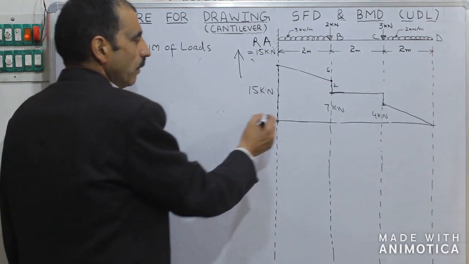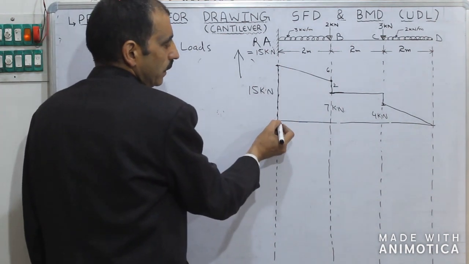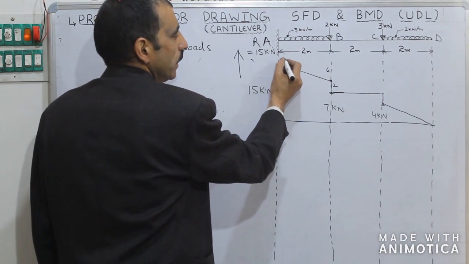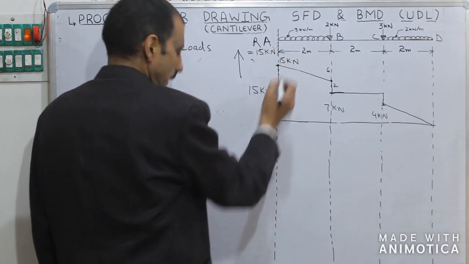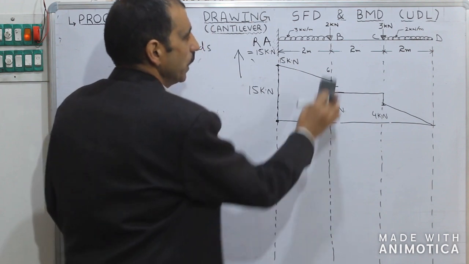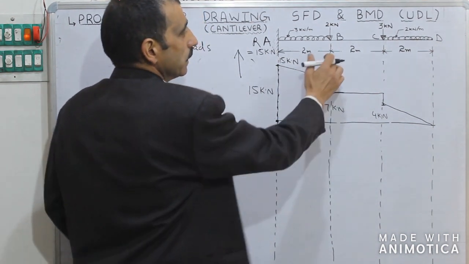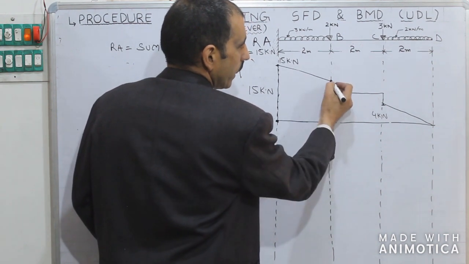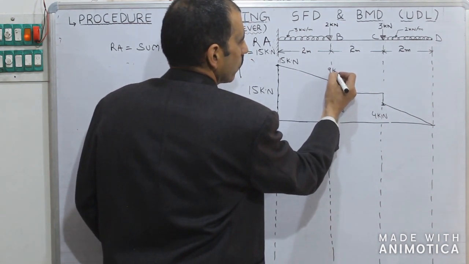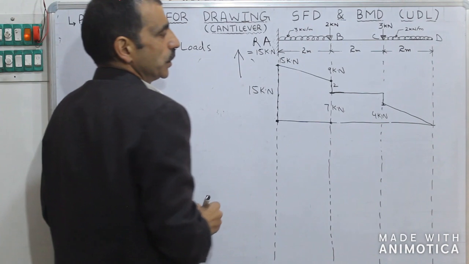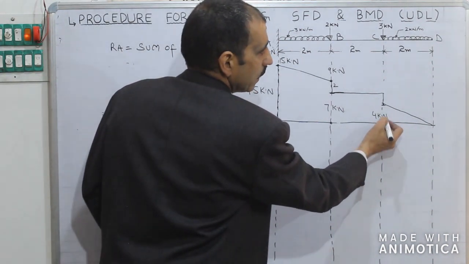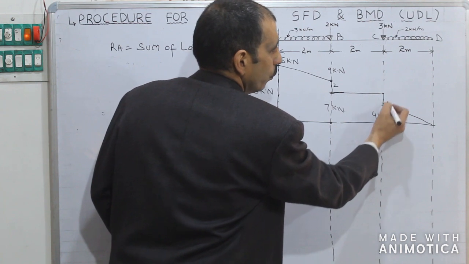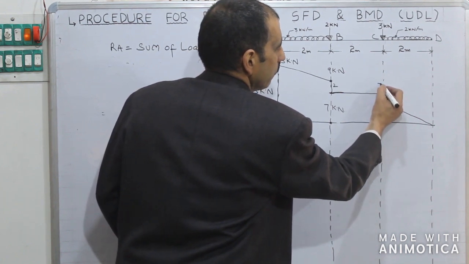Now, what is the shear force at A? From the reference point to the outer edge, this is 15 kN shear force at A. Shear force at B, reference point to outer edge, is 9 kN. Shear force at C, reference point to outer edge, that is 4 and 3, that is 7 kN.